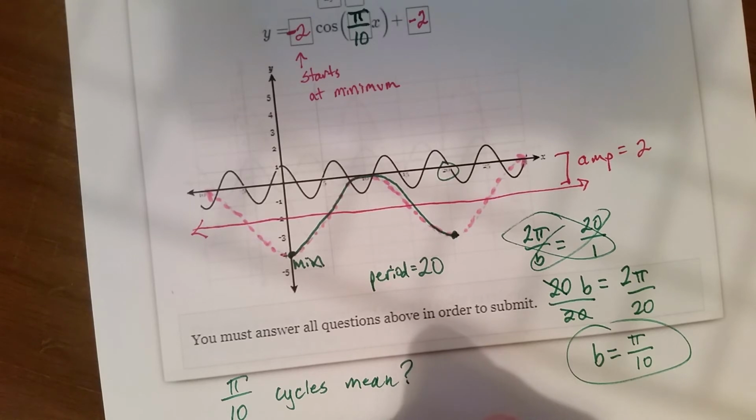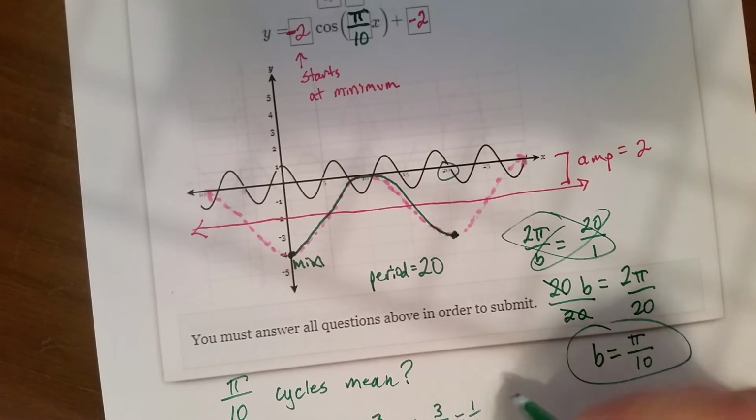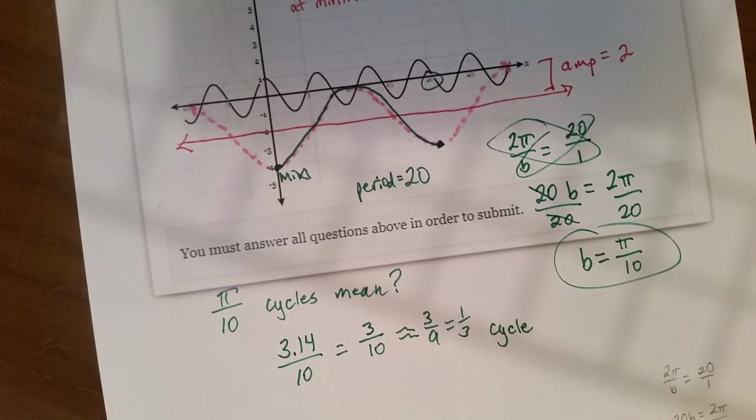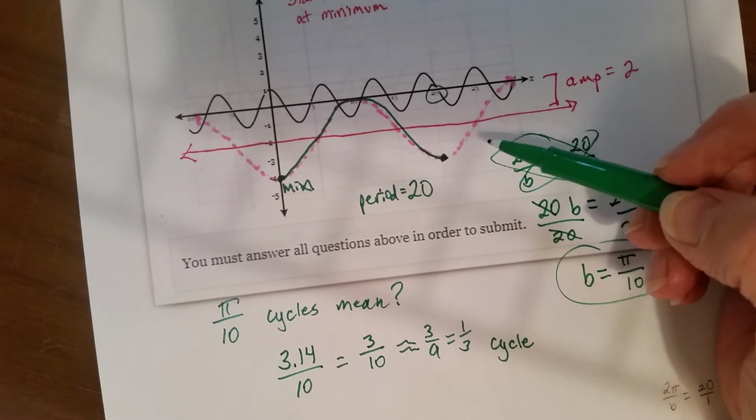So 3.14 divided by 10 means, well, that's about, let's just say 3/10 of a cycle. Or approximately, that's kind of like 3/9, which is 1/3. So it's kind of like 1/3 of a cycle. That's what I would be thinking in my head. We get about 1/3 of a cycle done before we get to 2 pi.